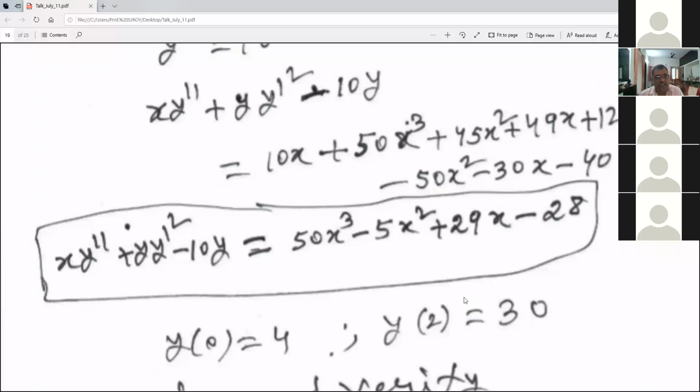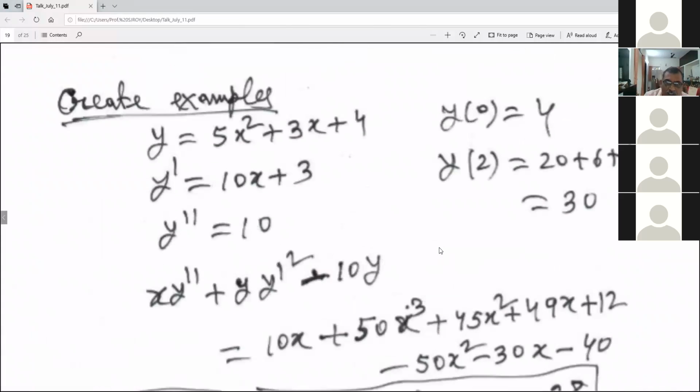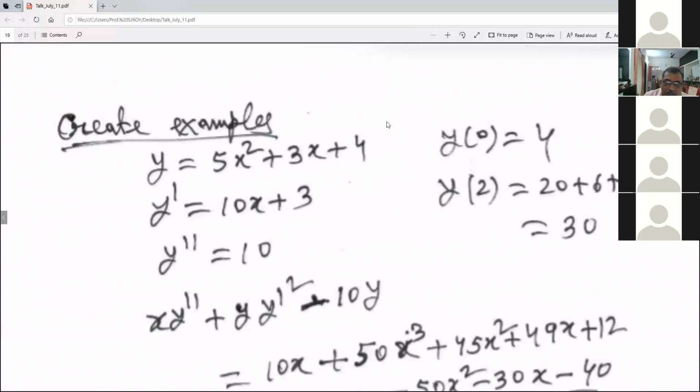You can create a linear equation also, whatever way you want. This way you can spend some time, and also give students some tips on what they can do. It is not just study the differential equation, solve and then match the answer. It is not like that. You can do many things on your own. Correct? So this is about the teaching type, how to do this, something interesting for the students.